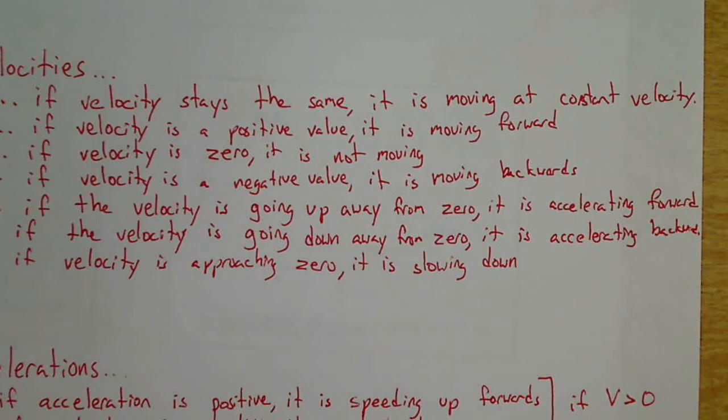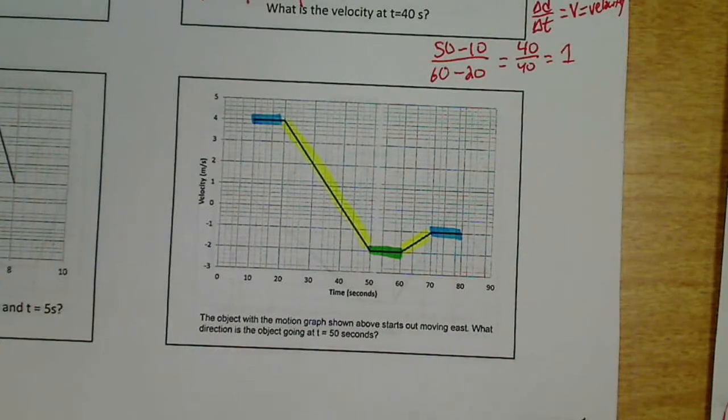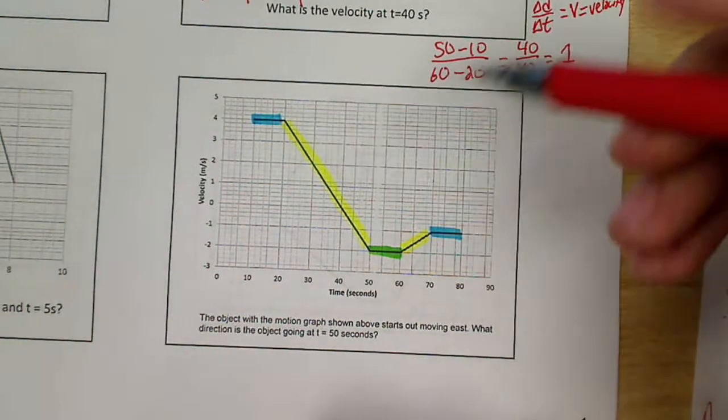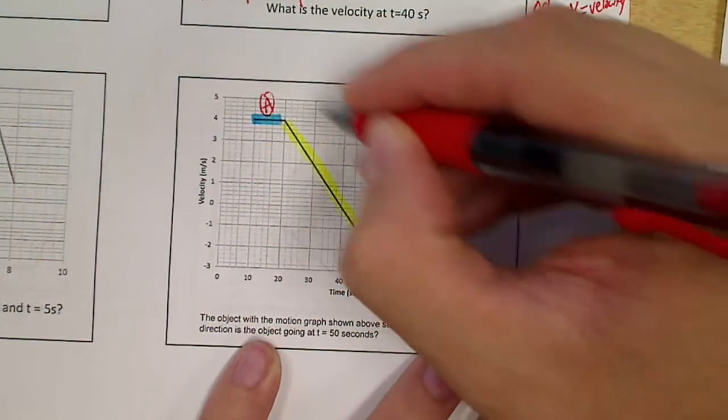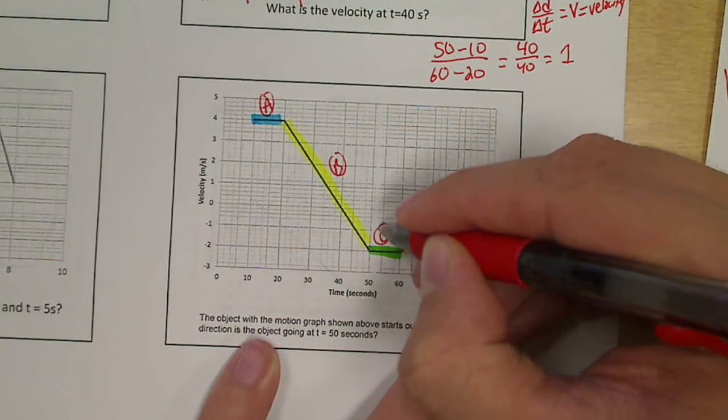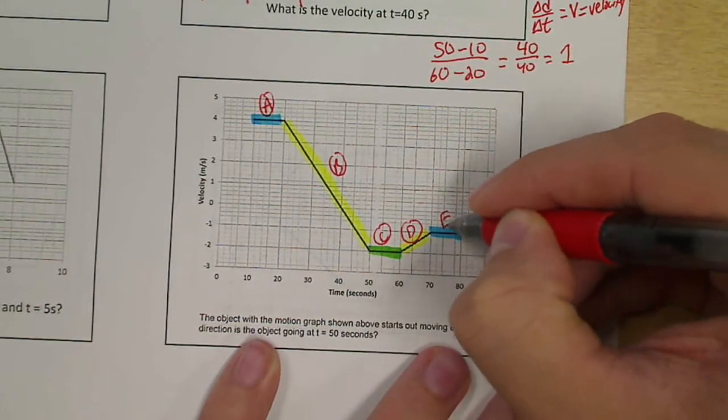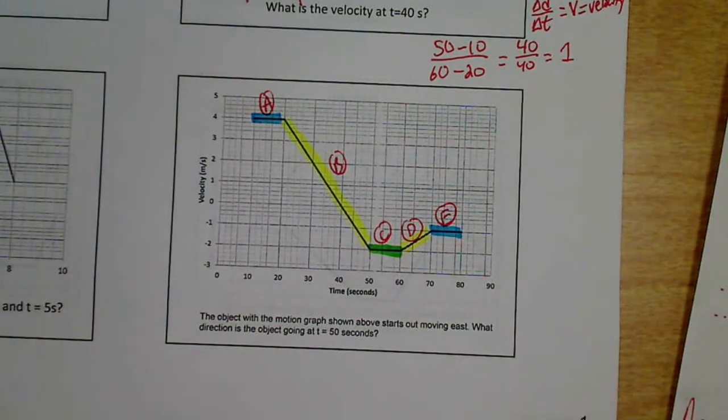So let's take these rules and let's go back to our graph. Okay? So for this first section, I'm going to call this A, B, C, D, E. Might be convenient doing a separate sheet of paper.